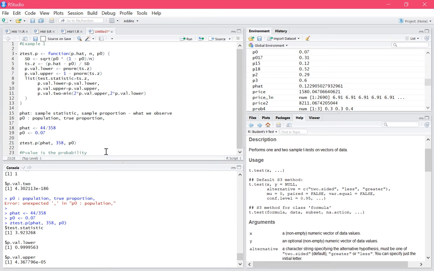That last part is really important when we interpret p-value. So we always assume that the null hypothesis is true when we interpret the p-value. There'll be a question in the homework dealing with interpretations of p-values, and we always need to remember that we assume that the null hypothesis is true.